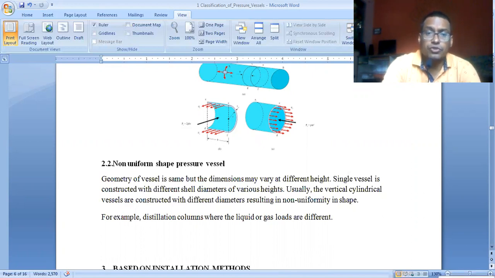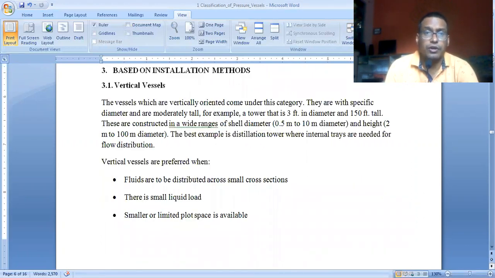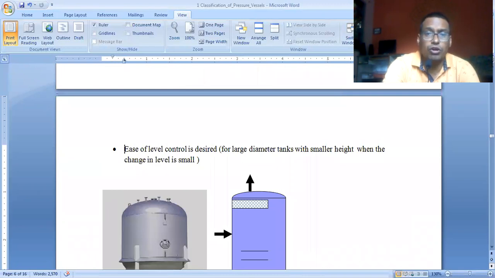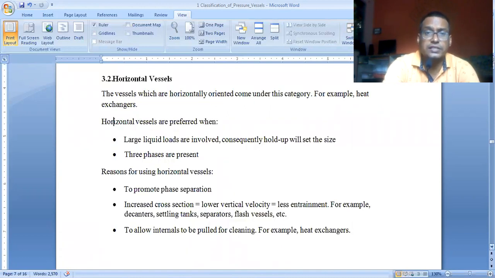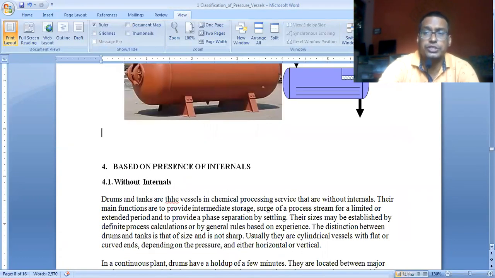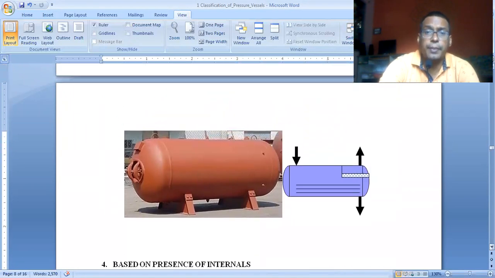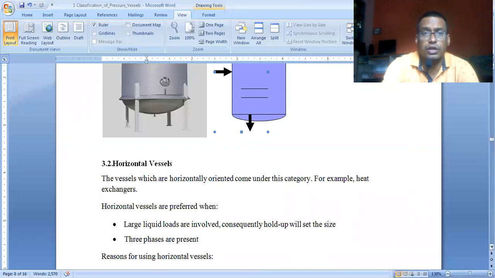Then based on the installation method, whether it is vertically installed or horizontally installed. Vertical installation as well as horizontal installations can be there. Both depend on the process requirement. The process defines whether I have to install the reaction vessel or any vessel horizontally or vertically.